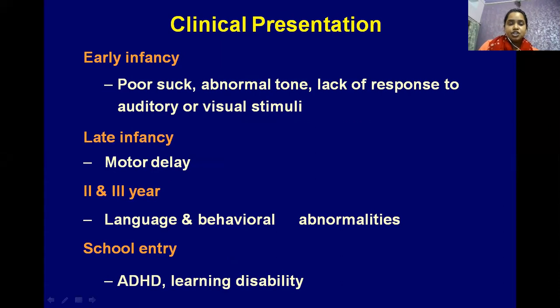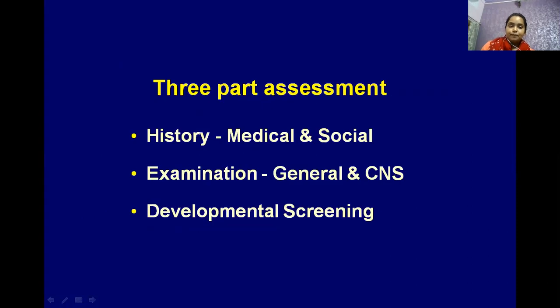Clinical presentation in early infancy is poor tone and lack of response to auditory and visual stimuli. In late infancy, motor delay, and in the second and third year, language and behavioral abnormalities. And at school entry, children present with ADHD and learning disability.